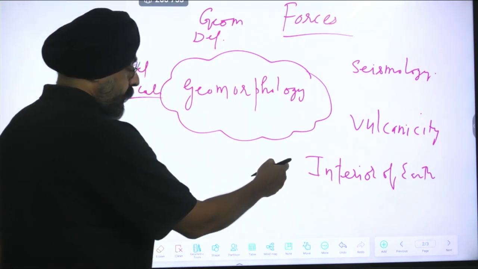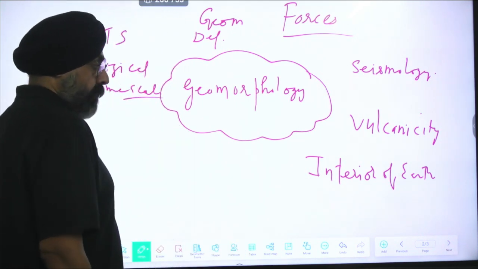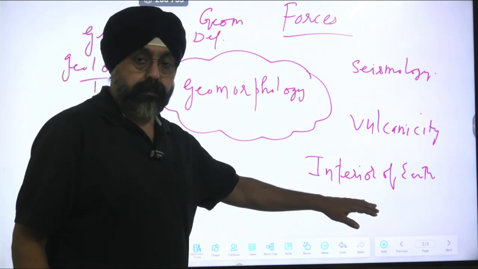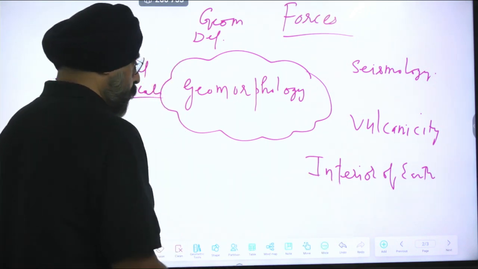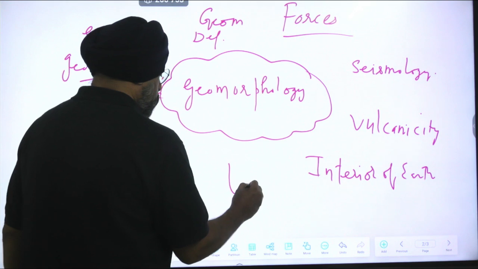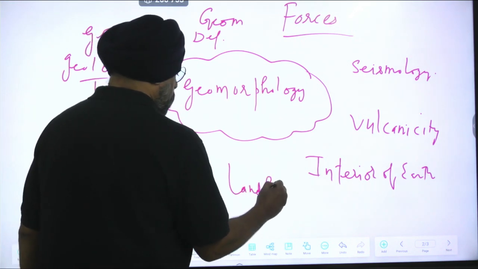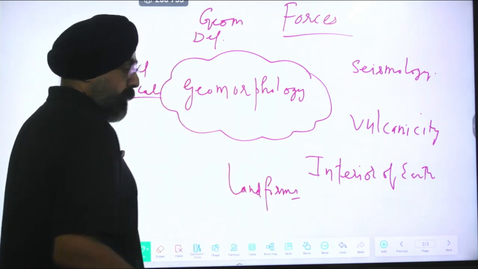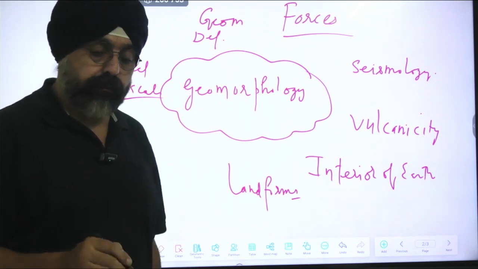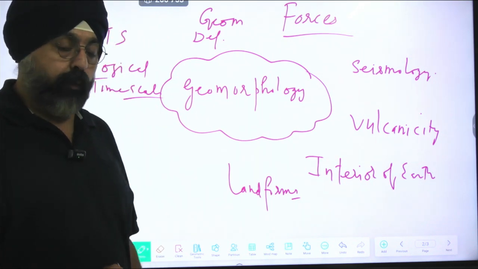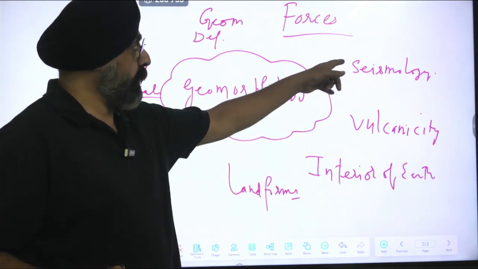Now, this is the interior of the earth, and this is the hotspot. Then we are having the study of landforms. 7 types of topographies are the part of our syllabus. What type of topographies are there? We are going to see during the forces diagram.